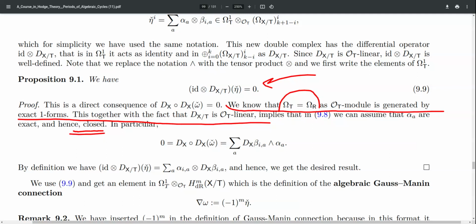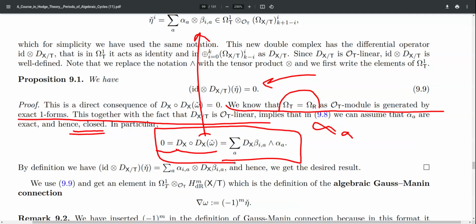Then we start from this identity, and in the first dx we just substitute the definition that we had here, and assuming that the alphas are closed, then we will have this identity.